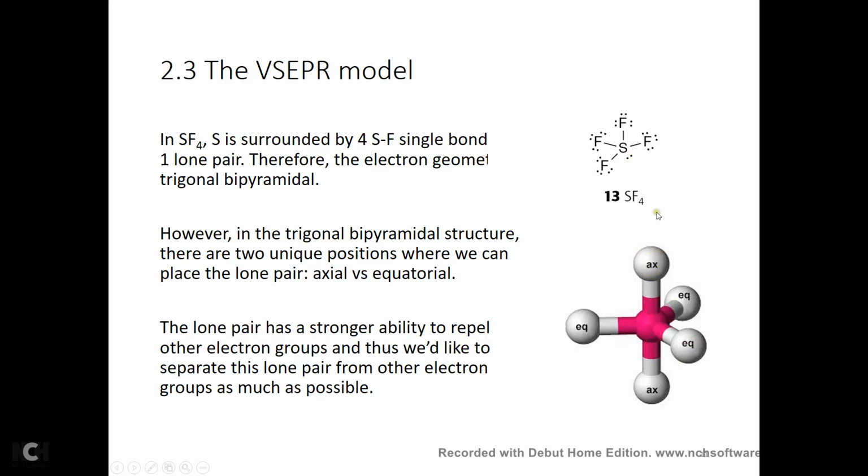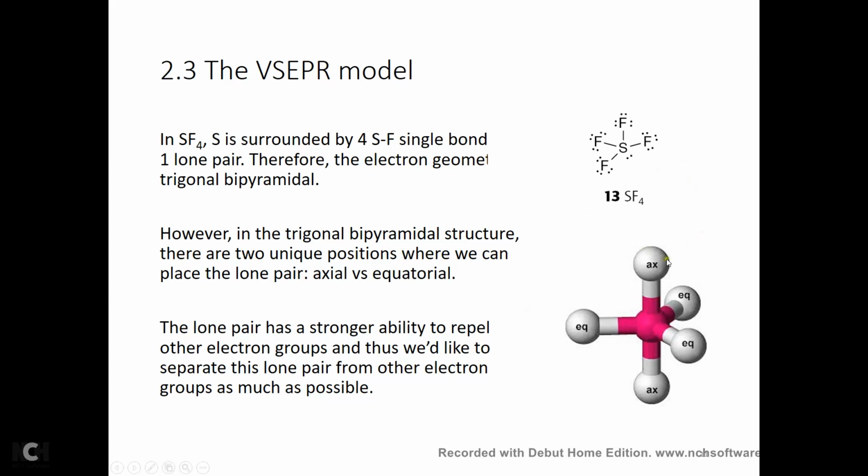Remember we mentioned lone pair electrons are more diffuse. Bonding electrons are more localized, more confined. Lone pair electrons are more diffuse. Because they are more diffuse, they tend to repel other electron groups more. So we need to put it in a position away from other electron groups.